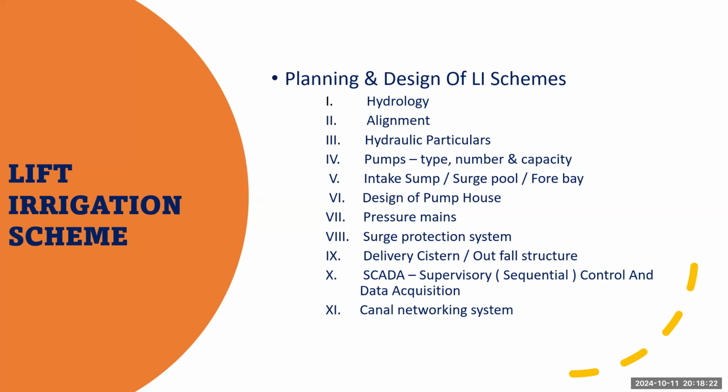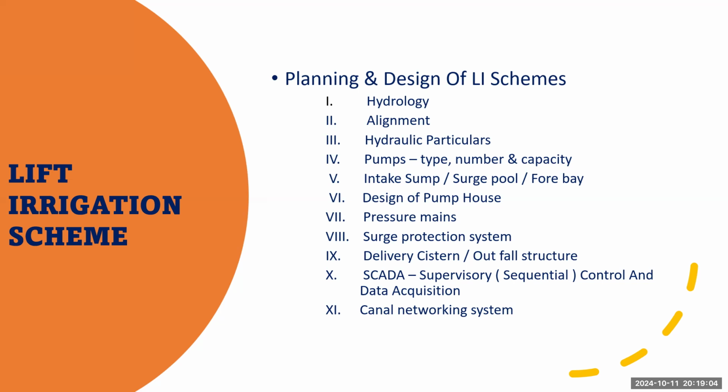Now we are going to discuss how the planning and design of a lift irrigation scheme is carried out. There are a number of steps involved. The first step is the study of hydrology. We have studied three chapters on surface water hydrology, and we know the scope of engineering hydrology. We know that in hydrology we came to know the yield of a particular catchment. By making use of this information, a lift irrigation scheme can be planned.